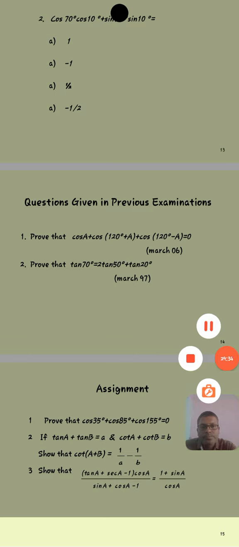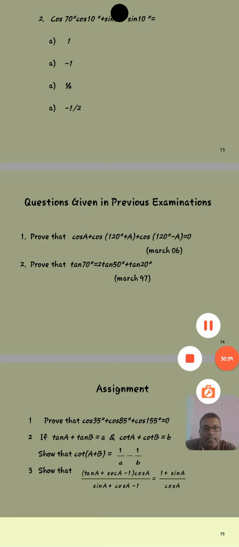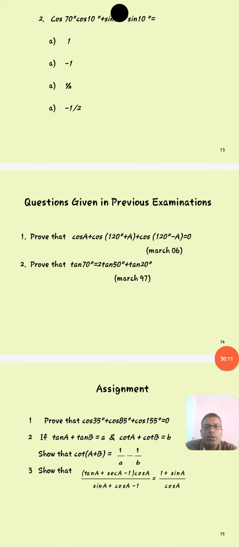Now the number 3, show that, already you saw this problem at the 10th class level. Important question this one. Show that tan A plus secant A minus 1 by tan A minus secant A plus 1 is equal to cos A by sin A plus cos A minus 1, which equals 1 plus sin A divided by cos A. Here in the place of 1 you have to choose secant square A minus tan square A. We know that secant square A minus tan square A is equal to 1.